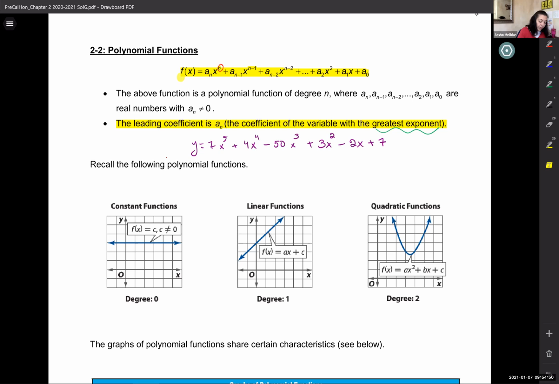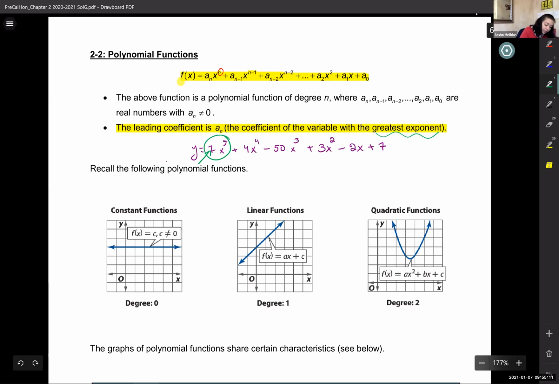All right, the standard way of writing it is in the order of decreasing exponents, and you see how the exponents are all integers greater than or equal to 0. And then since this has the highest exponent, that coefficient is the leading coefficient.